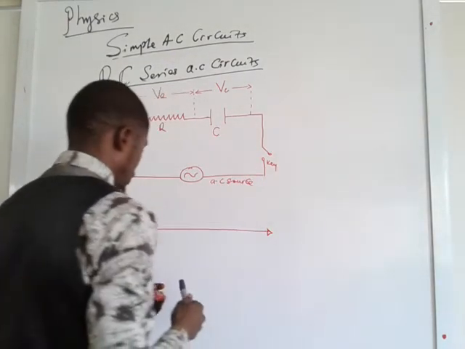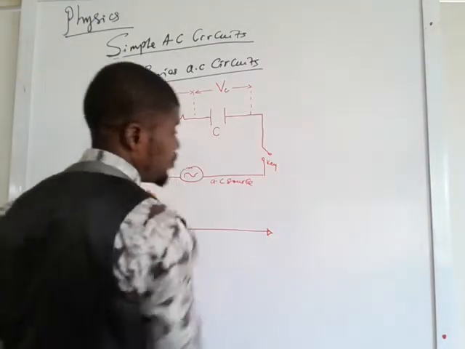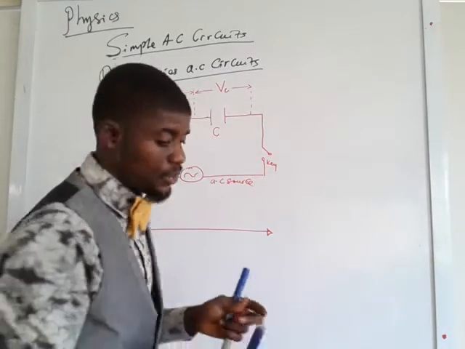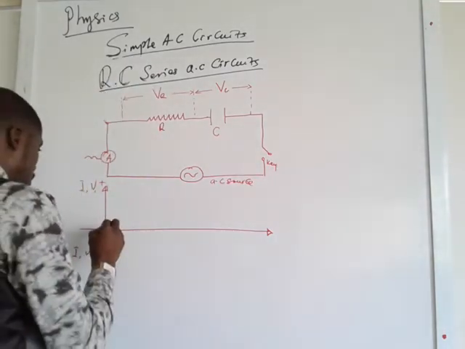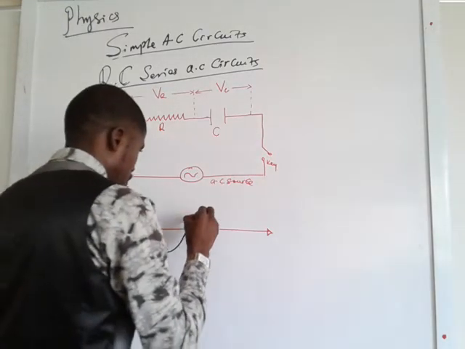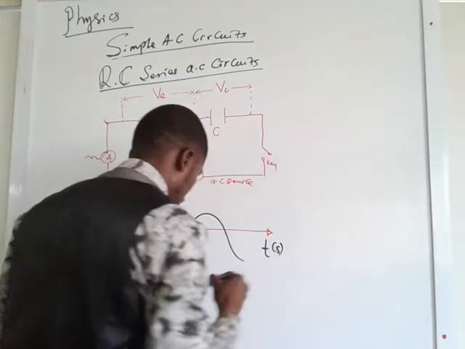Now recall that in a circuit that contains only a resistor, the current and the voltage vibrate in the same phase. So in that regard, we draw something like this. Let this be our voltage at time t in seconds.